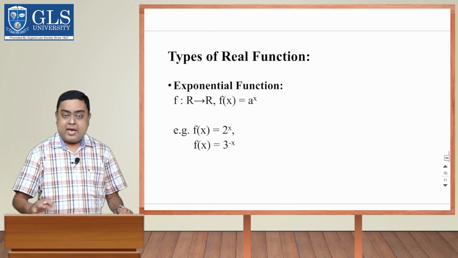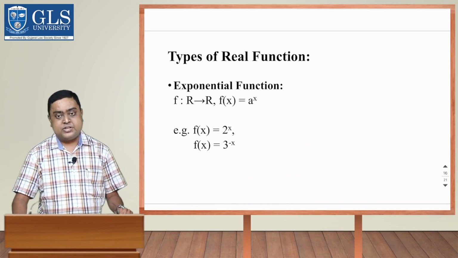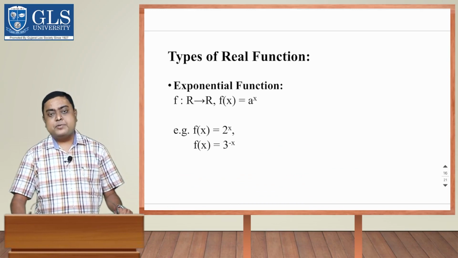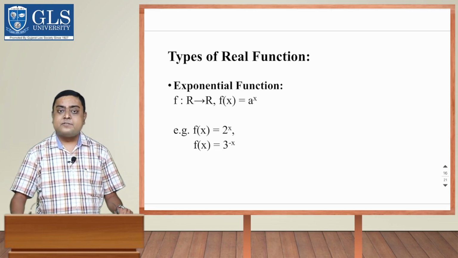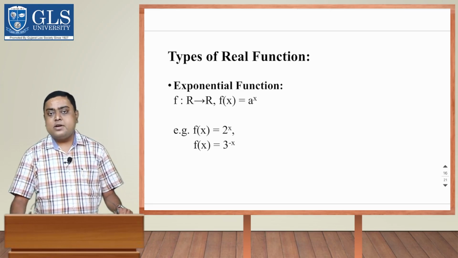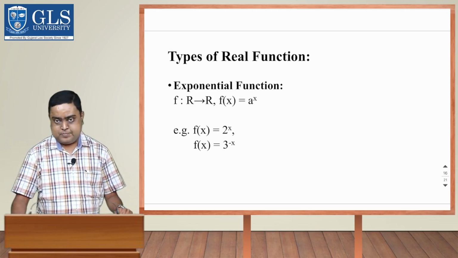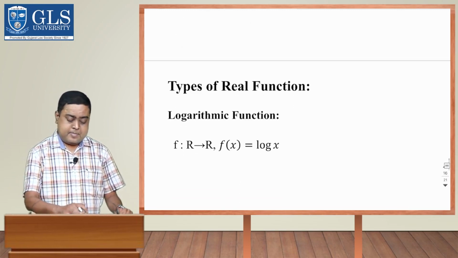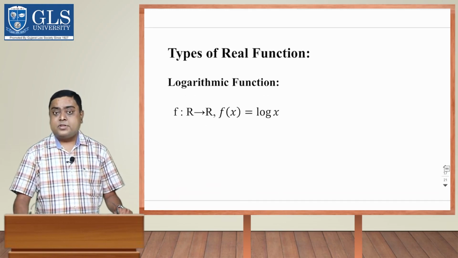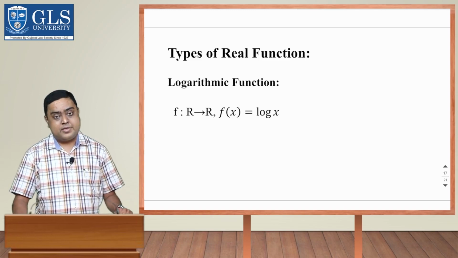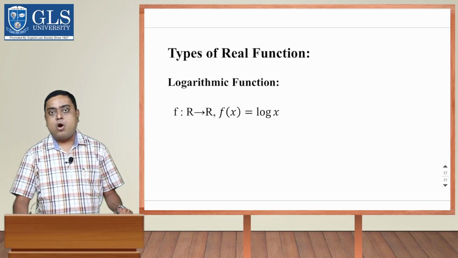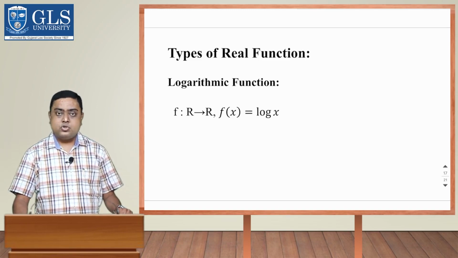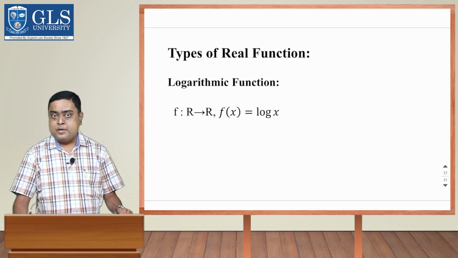Then we have the next type of real function, the exponential function. The standard form of this exponential function is a^x, and some examples of exponential functions are 2^x and 3^(−x). They are called exponential functions. Now the last type of real function is the logarithmic function. f from R to R, f(x) = log x. Friends, you are all familiar with the log table, right?